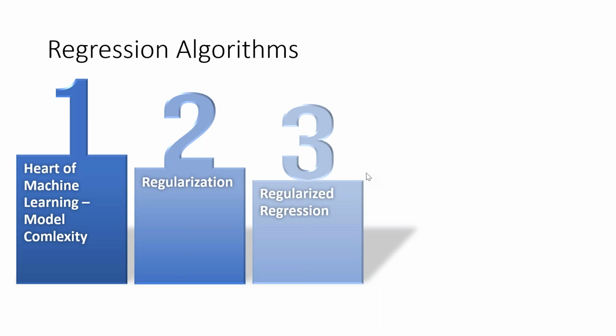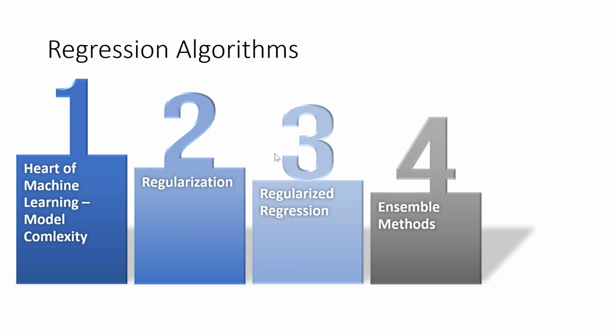One is lasso, ridge, elastic net. These are all regularized regression algorithms. And then we will also deploy random forest and boosted trees. These are tree-based ensemble algorithms. Both we will use. So today we'll talk about the second step and the third step. Then ensemble methods, bagging, boosting, what does it mean?